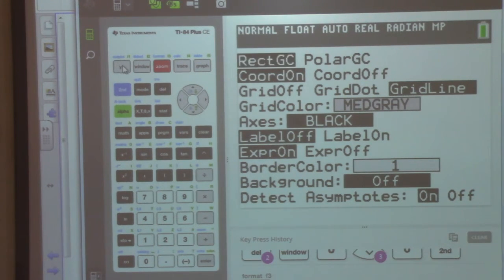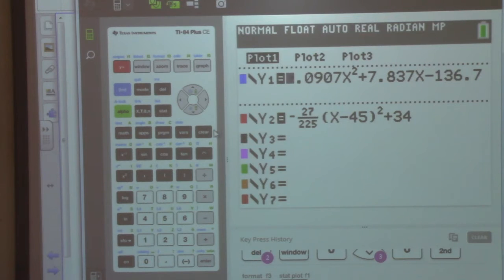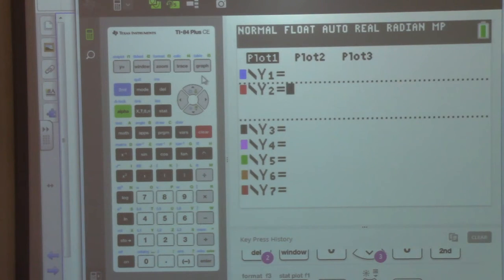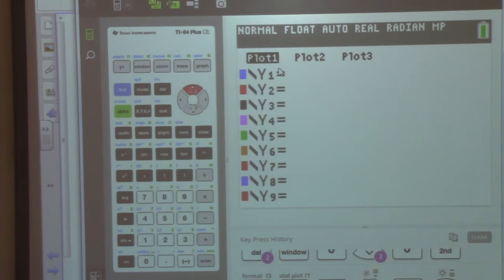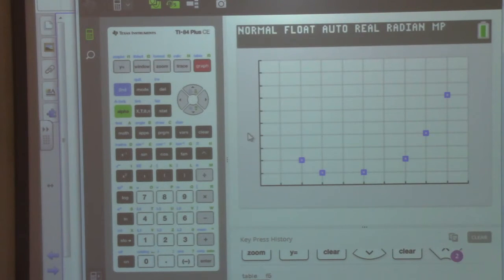So anyway, what happens is I look over here, and I'm going to erase these functions I had from 7th period. If I have plot 1 turned on, I'm going to graph and see if everything is there. Does everything look good there? Yeah. So now I'm going to go ahead and determine the function using quadratic regression.